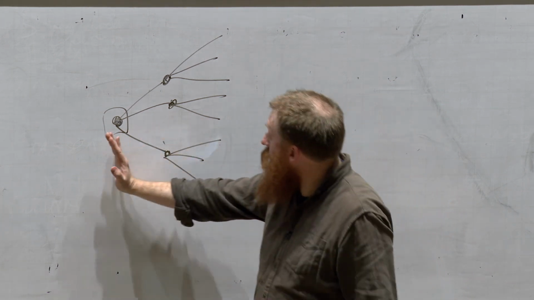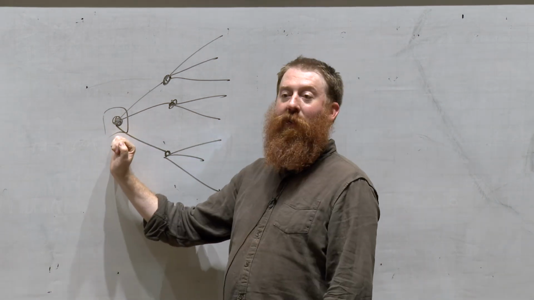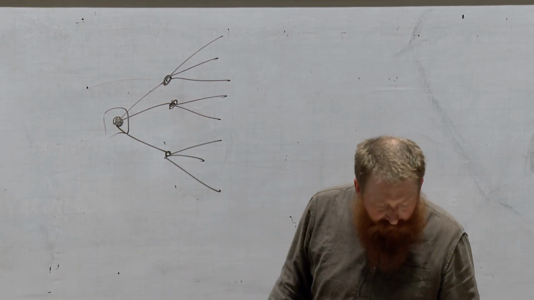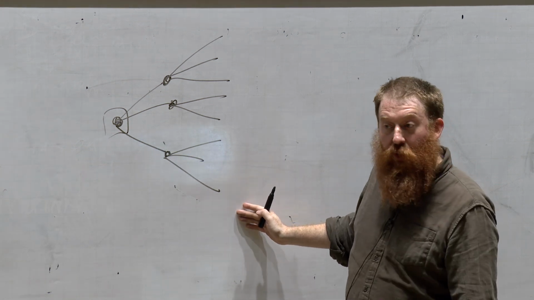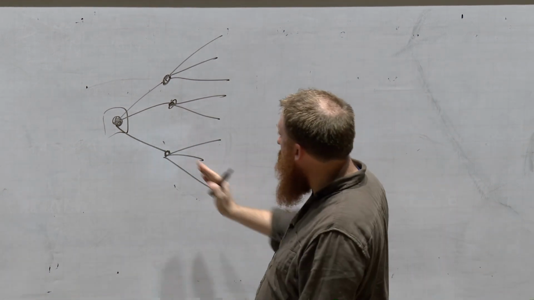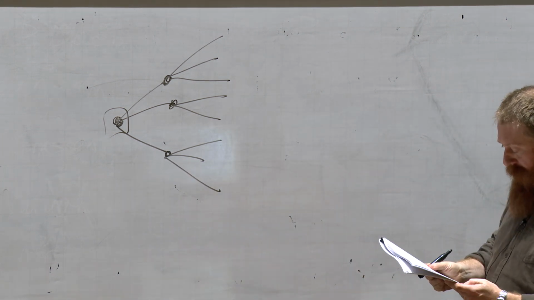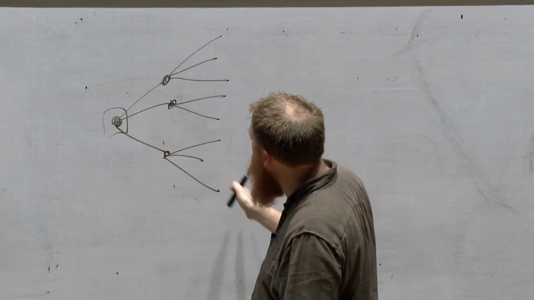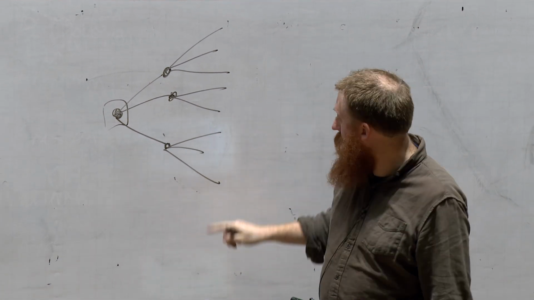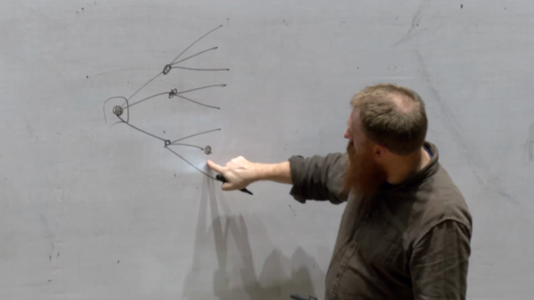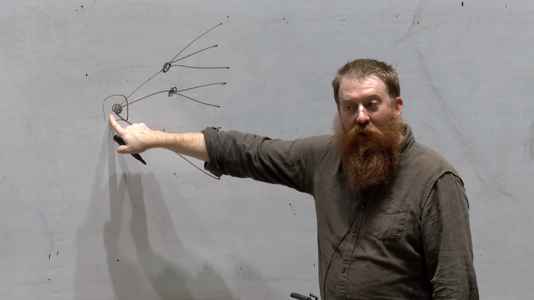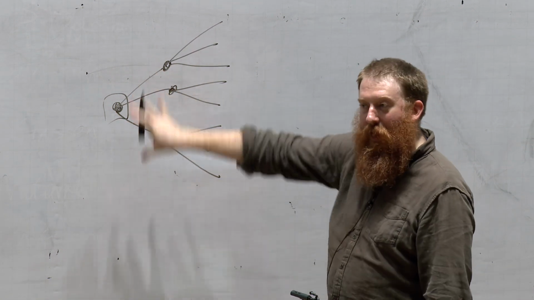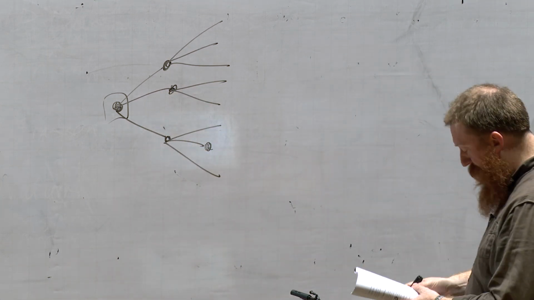The nice thing is when you've got the root, you can then define an ordering where this is the 0th layer, the 1st layer, the 2nd layer, etc., going through the tree. The final things, once you've done that, are called leaves. They're the leaves of the tree, and this is the root. So we call it labeled if we label how many steps we are away from the root. So you can see this node here has label 2 because it's 2 steps from the root. And in fact, it wouldn't matter if I drew this in a different way, I would still have exactly the same structure. It doesn't depend on how I draw the tree here.